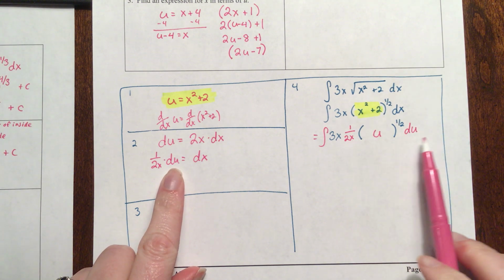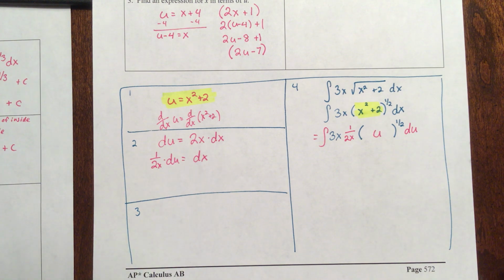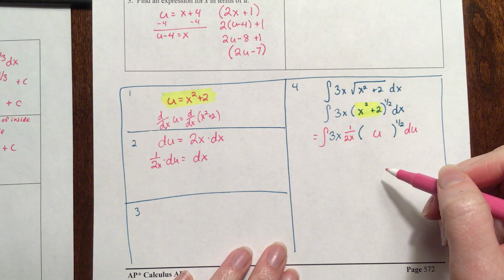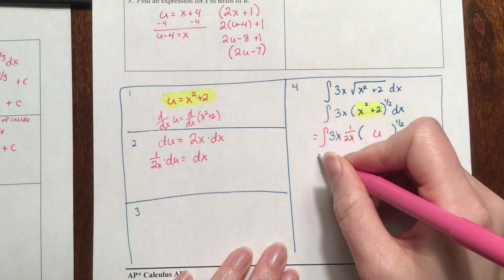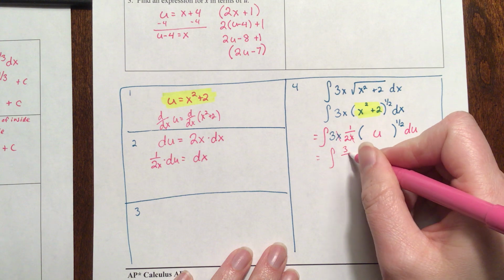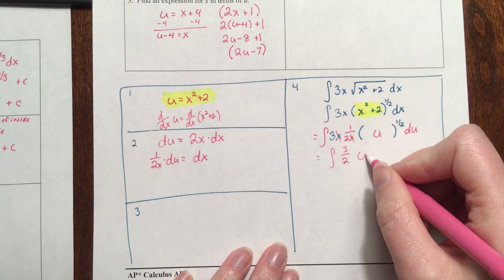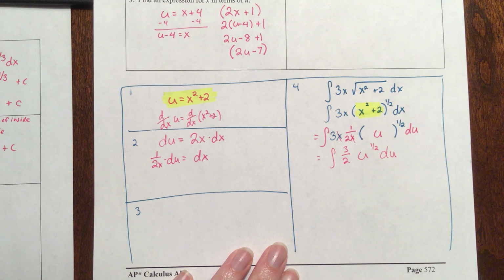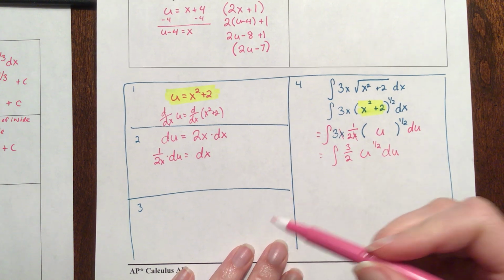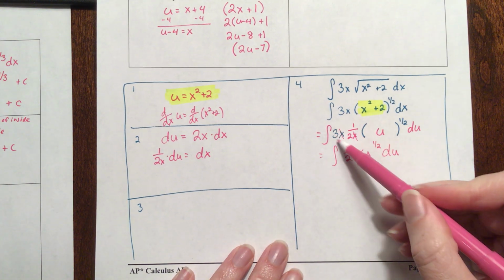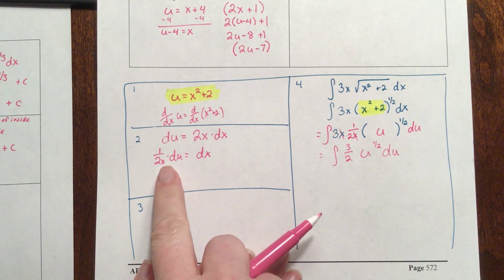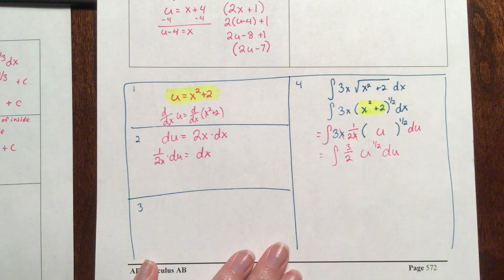All right, so I put this piece here and this piece here, and we'll do some simplifying. This x and this x will cancel each other out. So we're left with the integral of 3 over 2 times u to the 1/2 du. Okay, so we didn't end up having to solve for x because there wasn't an extra x hanging out after we solved for the dx, because that little over x took care of it during the simplify step.